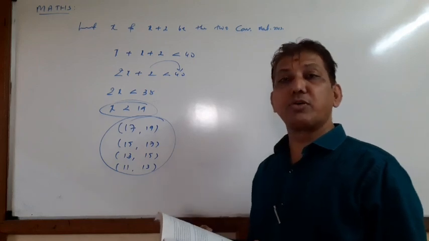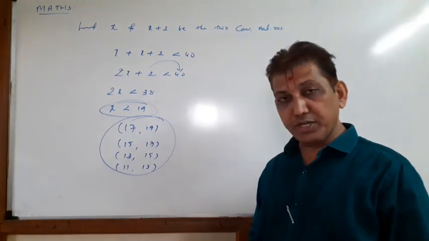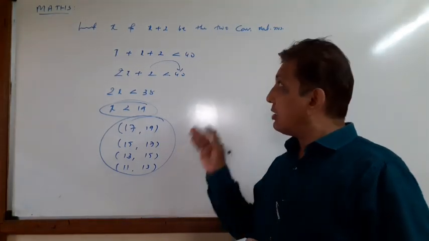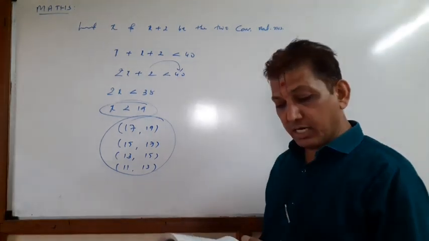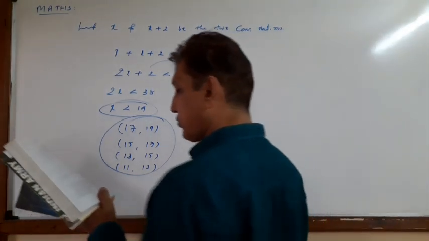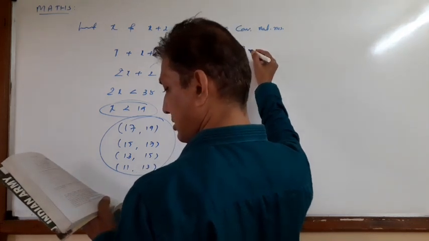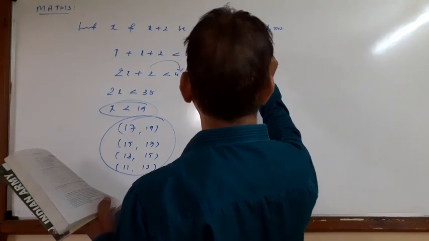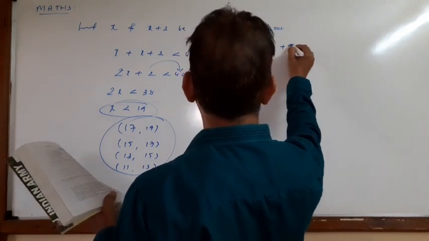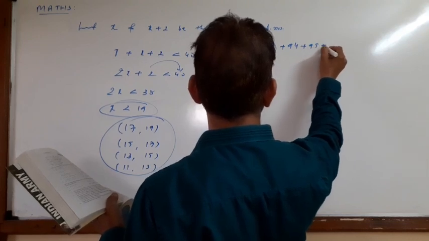So first we suppose the 5th examination marks are x. Write your statement: let x be the marks of the 5th examination. Now the average marks: the first 4 examinations are 87, 92, 94 and 95, and the 5th examination is x.